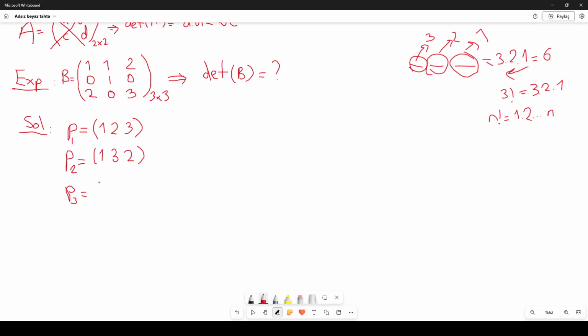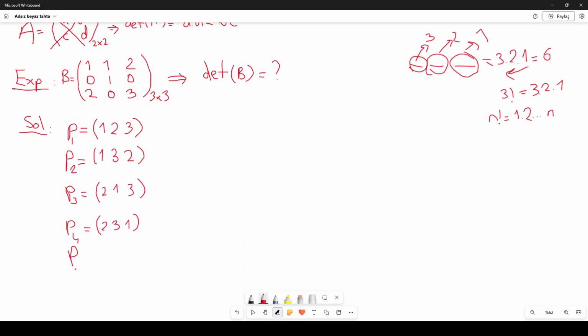And now say P3. Say this time it's 2, 1, 3, and let's say P4. What is the value for P4? I just write a different permutation now. We have 2, 3, and 1. And how about the last 2?